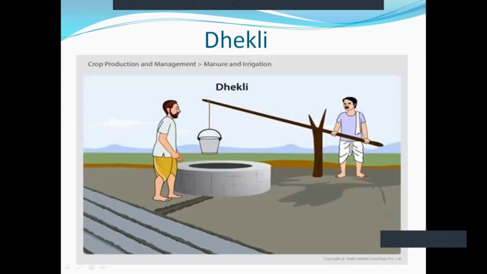Then what he will do is first drop the bucket into the water, and then he will pull it back. The water will be filled in the bucket, and the other person who is standing next to the well is going to put the water into the fields. This is called Dickie.